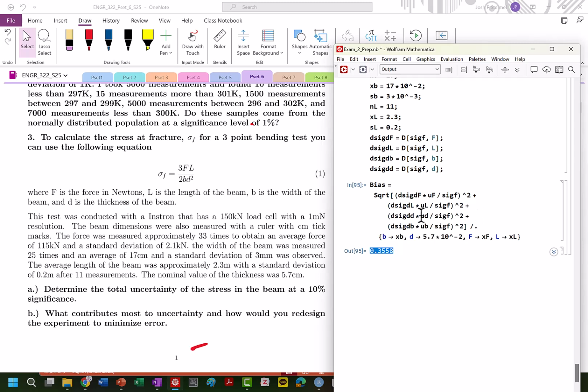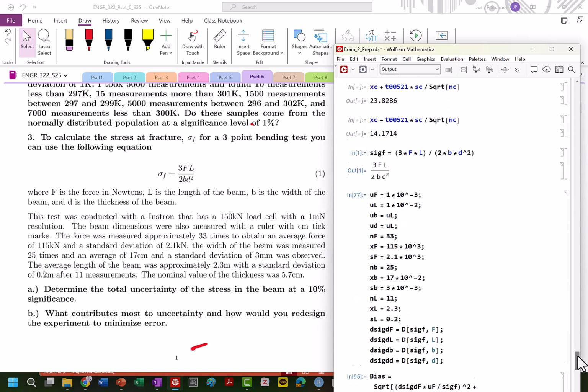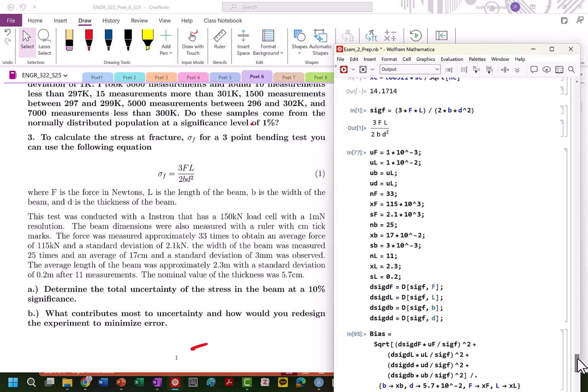Fantastic. Let me just double check one thing here. Make sure I got the value correctly done here. Let's see. 1 millinewton. Dimensions, 1 times 10 to the minus 2.